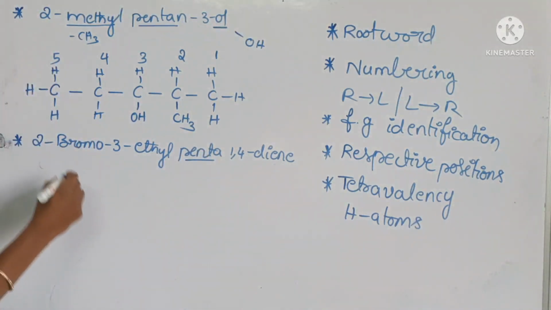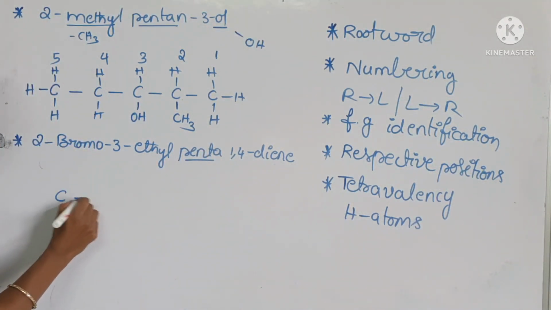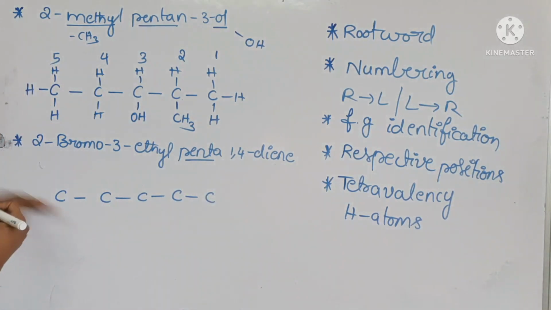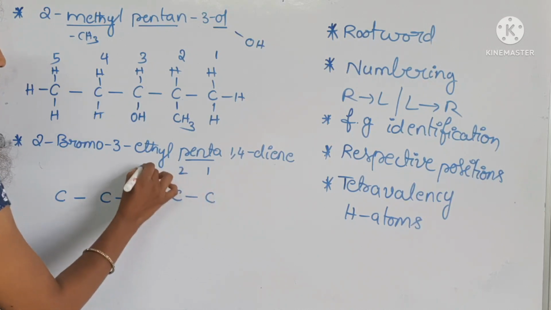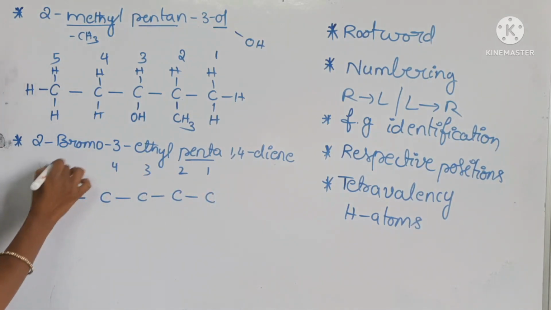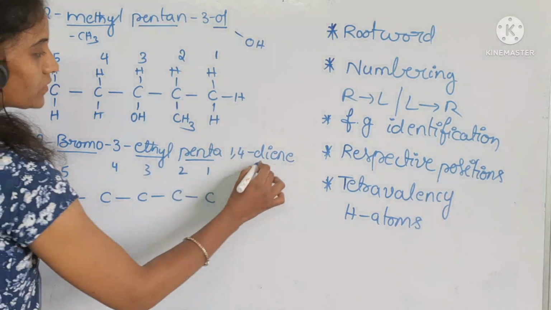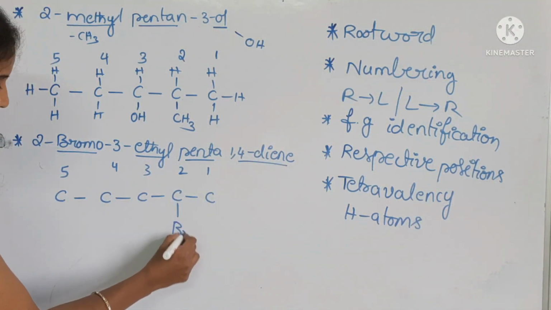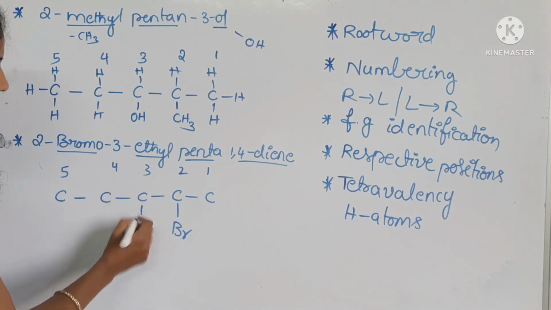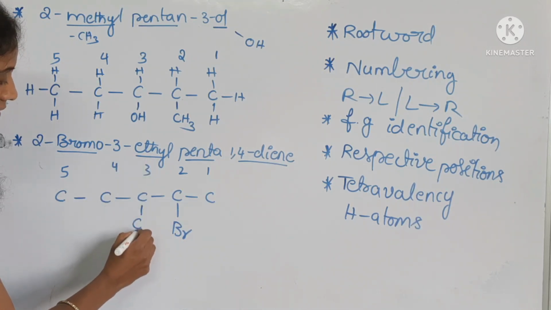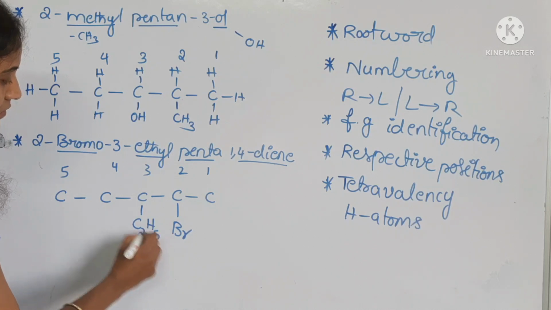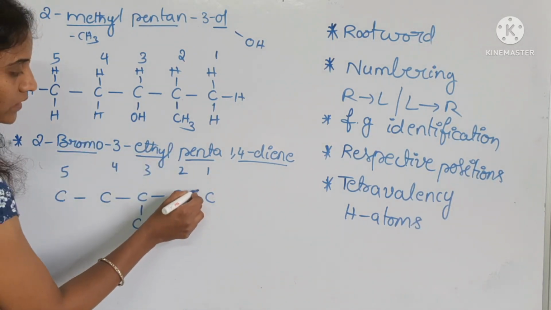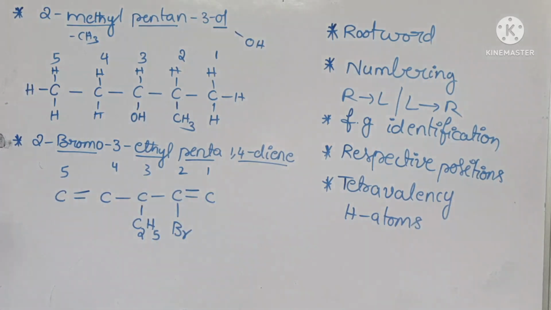Pent is the root word, so 5 carbon atoms: meth, eth, prop, but, pent. Say numbering 1, 2, 3, 4, 5. Identification of functional groups. See, second position 1 bromine, Br. Ethyl is at the third position. Ethyl is nothing but C2H5. This is the ethyl. Okay, next one is first place 1 double bond and fourth place 1 double bond.